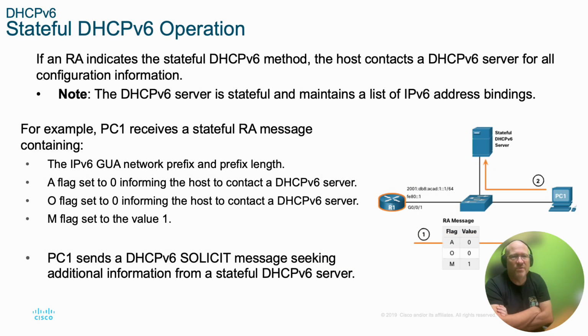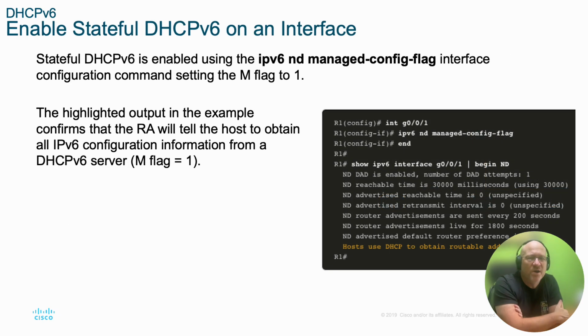students. For stateful, you set it up with the M flag, and you would set it up in a very similar way to DHCPv4, but you've got to tell the interface that you're using a managed config flag.